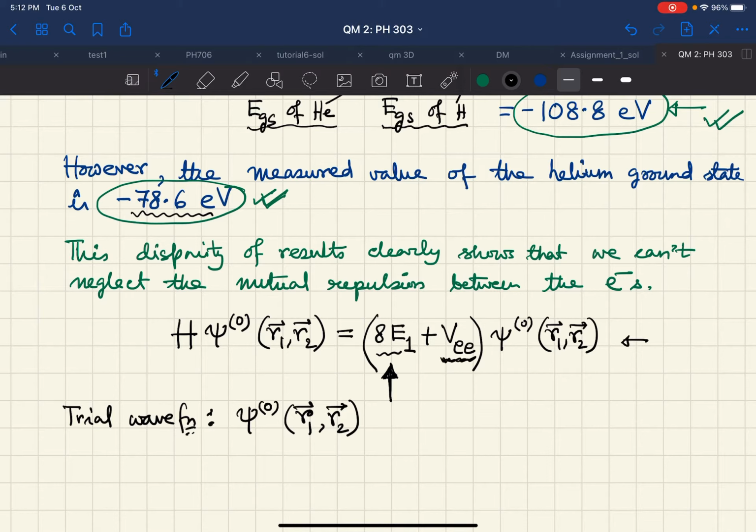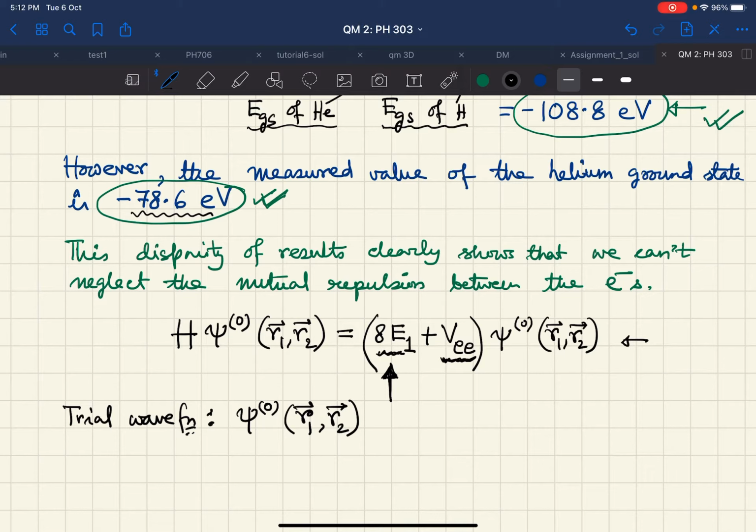The reason for choosing this as the trial wave function can be thought of in the following way: it looks like a convenient choice because psi 0 r1 r2 is after all the eigenfunction for most of the Hamiltonian, except this part. Remember, this part 8 E1 came from the eigenvalue of the two separate Hamiltonians of the hydrogenic atom.